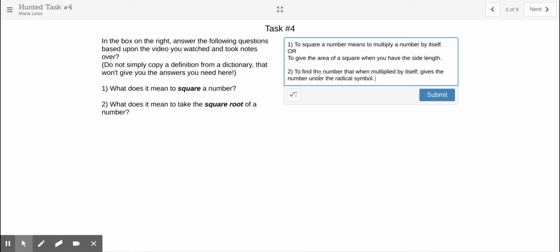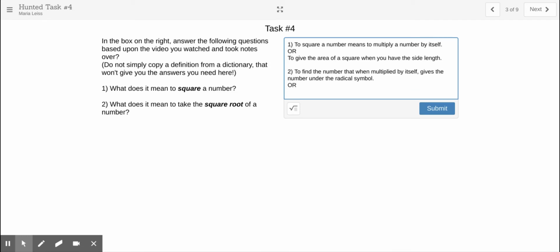To take the square root of a number means you're finding out what number, when multiplied by itself, will give you the number under the radical symbol. Ironically, this symbol you see right here, that is the icon for typing math, this is the square root symbol. This is what's called a radical. You learned that in the video.